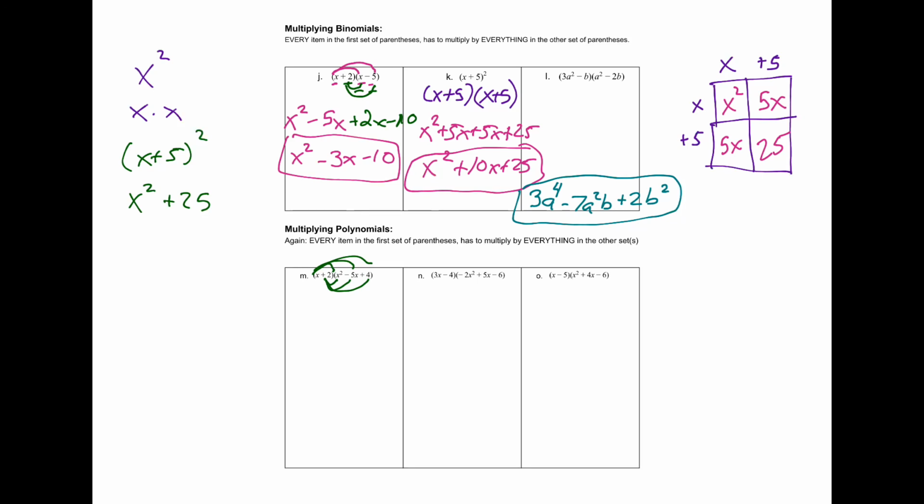So x times x squared is going to be x cubed. The next thing I'm going to do is distribute the x to the negative 5x, so this path right here, and we get a negative 5x squared. And then do the last one for the x: x times plus 4, 4x.